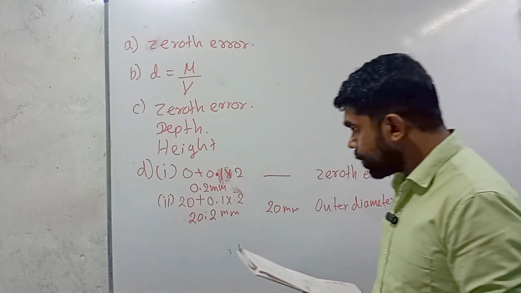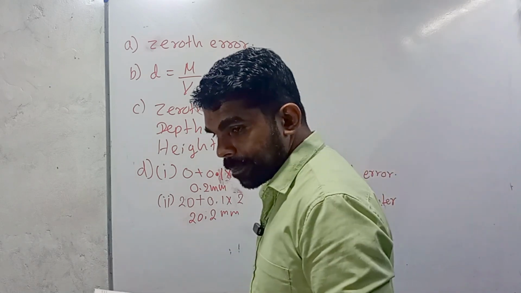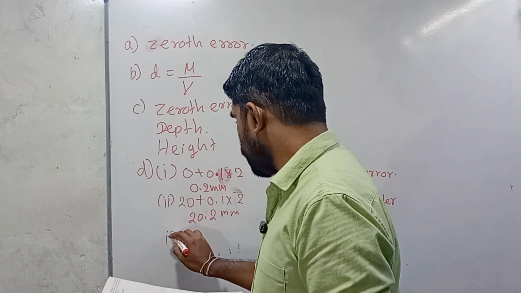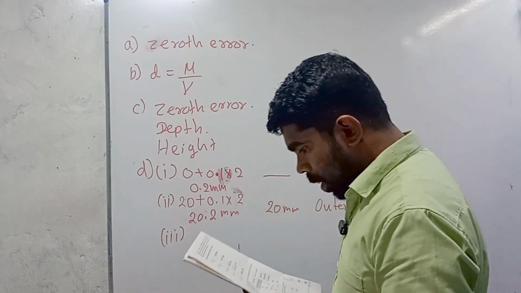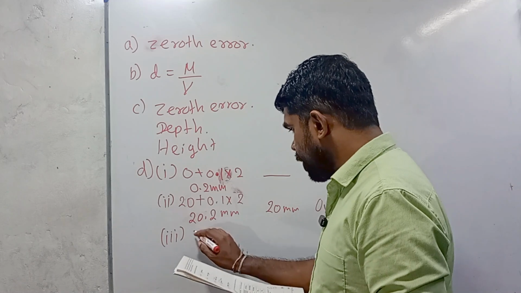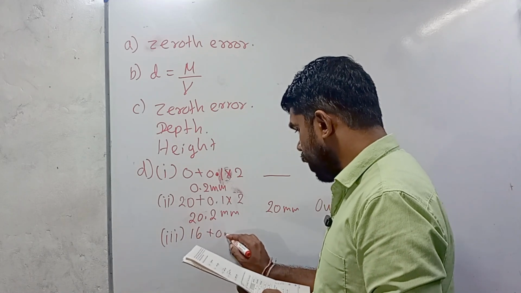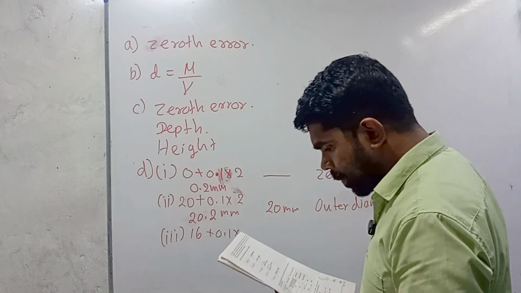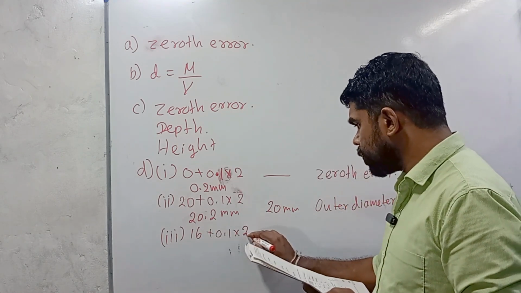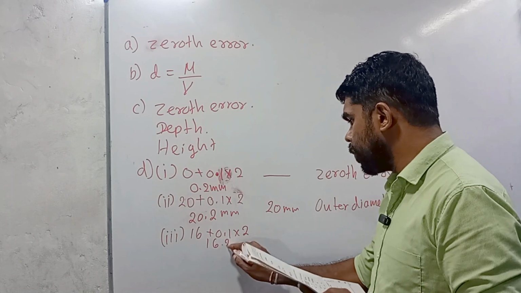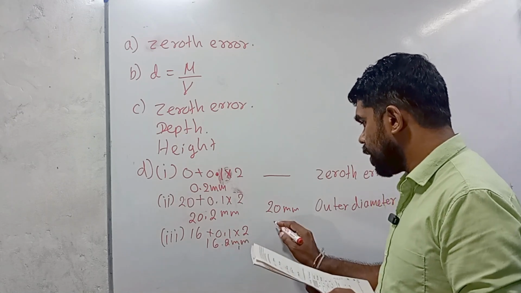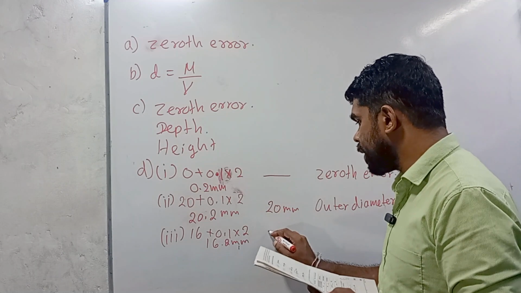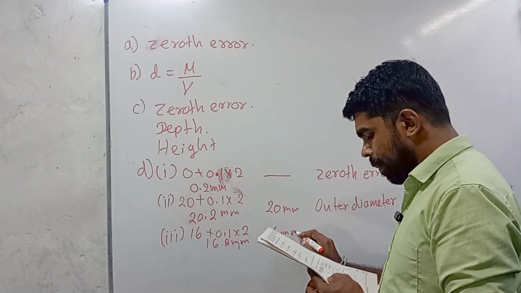Then third one, main scale reading 16 plus 0.1 into coincided part again 2. It is 16.2 millimeters. We have to subtract this zero error, then 16 millimeters.